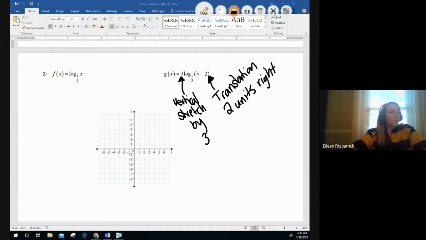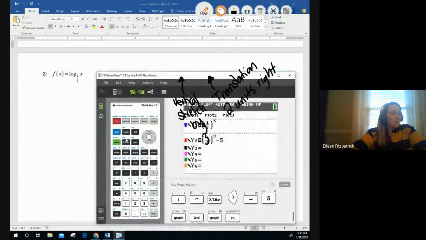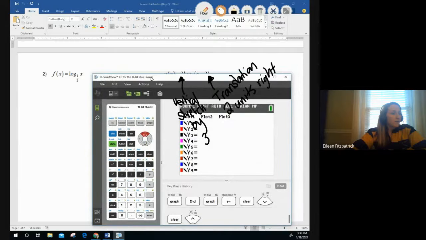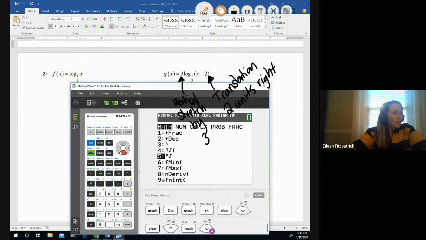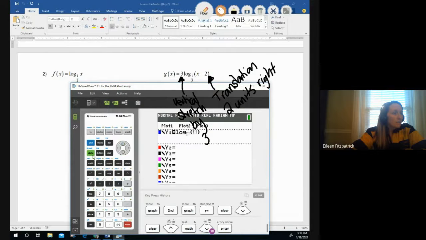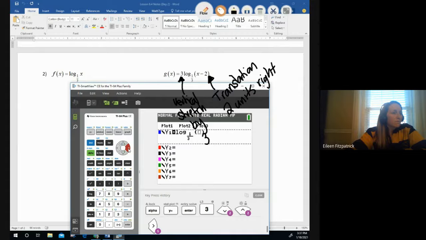All right, so for this one, I said I'd do it in the graphing calculator. So go to y equals, I'm going to clear out the functions that I have. For the first function, it's y equals log base 1/3 of x.